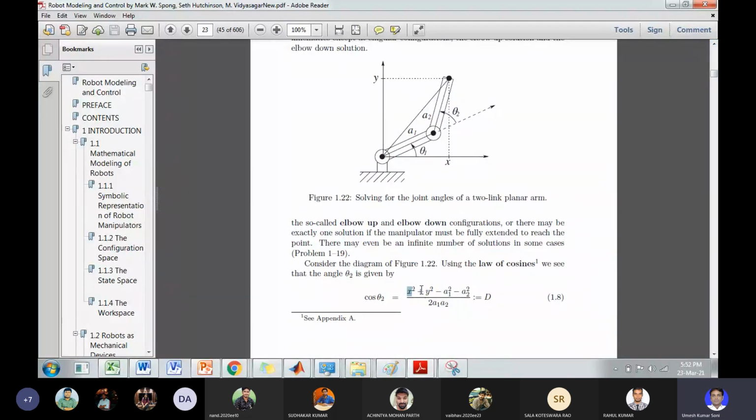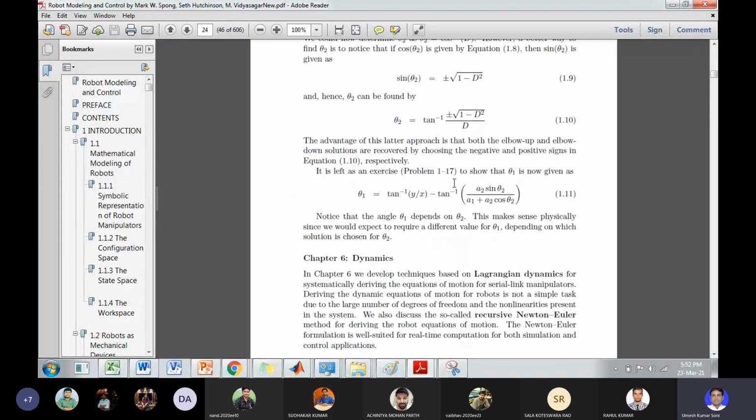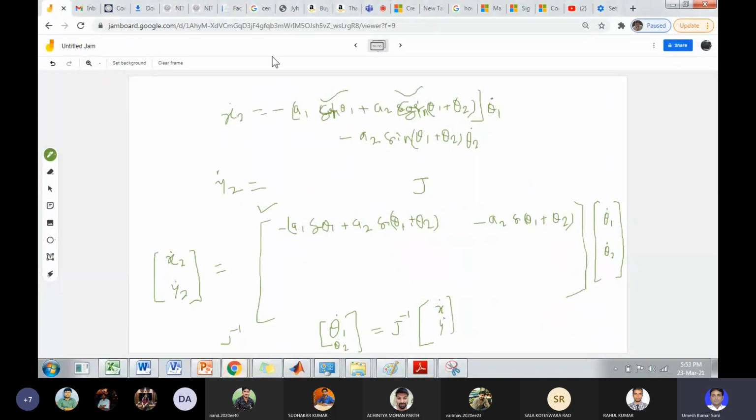Once you have the information about the tool coordinates x and y, and prior information of the link lengths, you can calculate θ2. Depending on this θ2, which is based on tool coordinates and link length, and this term based on tool coordinates, you can also calculate θ1. Clear? So I think it is sufficient for today.